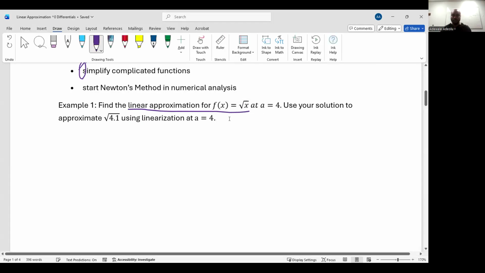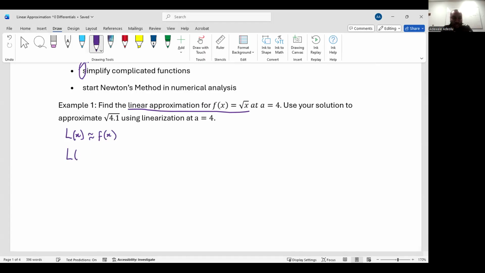Now, let us find a linear approximation to that function. Very simple, as we have said. If we can find that linear function, then we can say it is approximately equal to our f of x. That is our target.